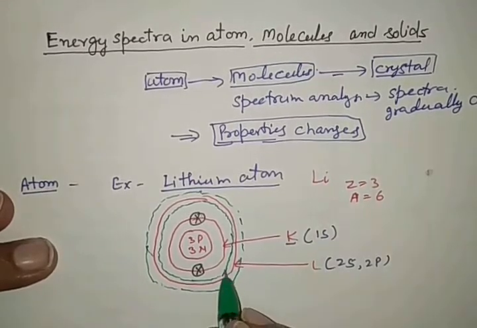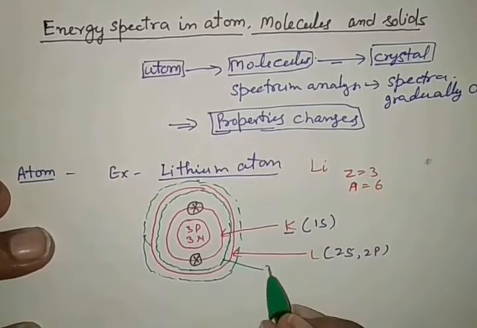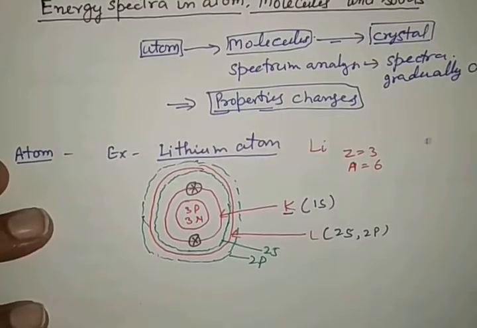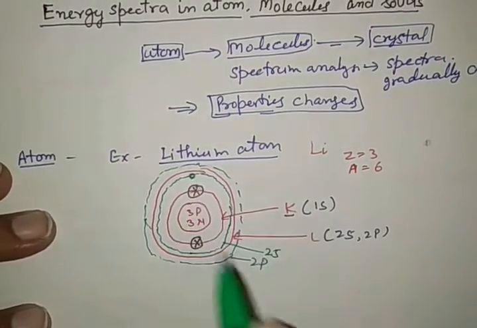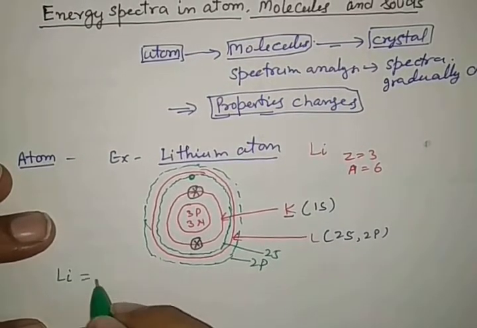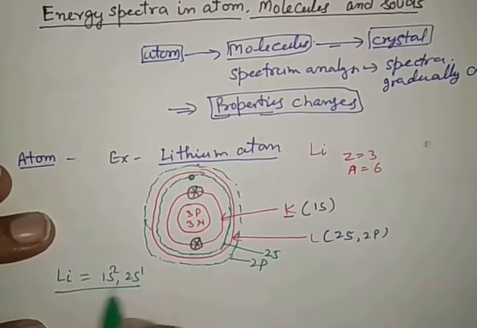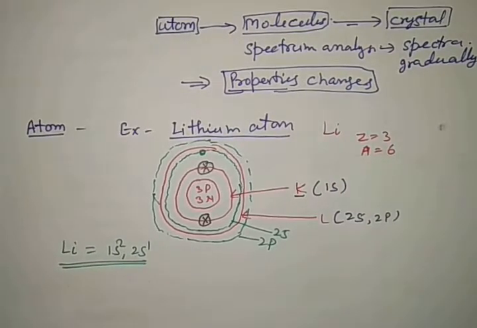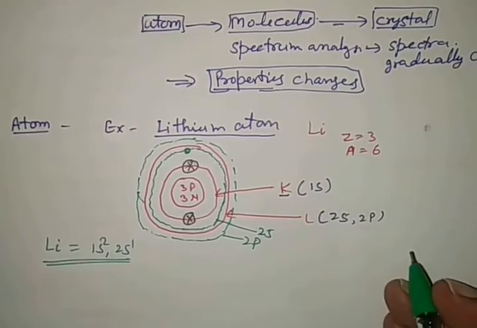The lower one is called 2s and the other is called 2p. Clear? And one electron lies in this. So one may write the lithium electronic configuration as 1s2, 2s1.